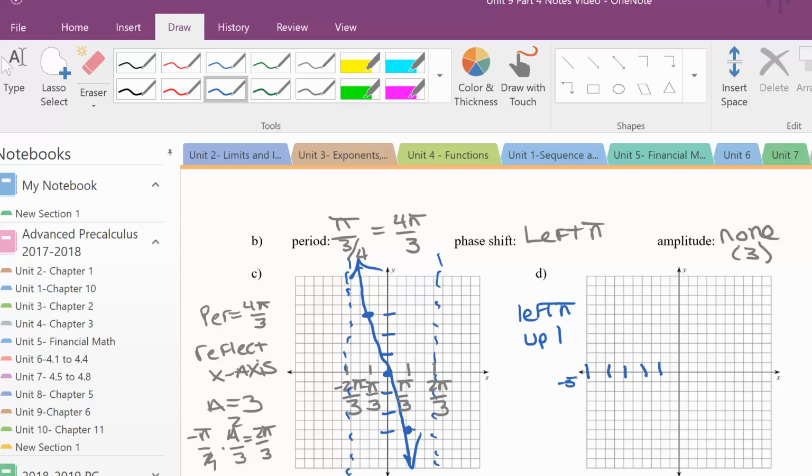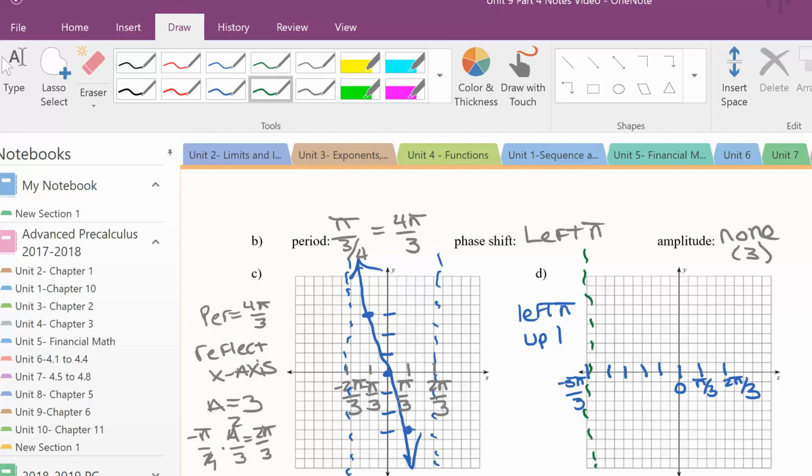So it's negative 5 pi over 3. There's 0. And then positive pi over 3, 2 pi over 3. So if it goes to the left pi, that means now instead of negative 2 pi over 3, the end is at negative 5 pi over 3.